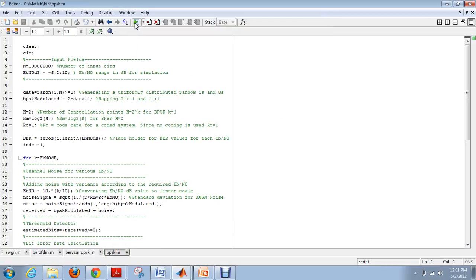For normal BPSK that we have, we have the following output.